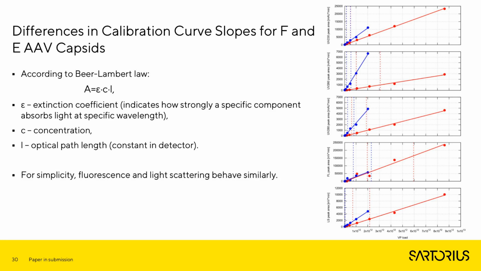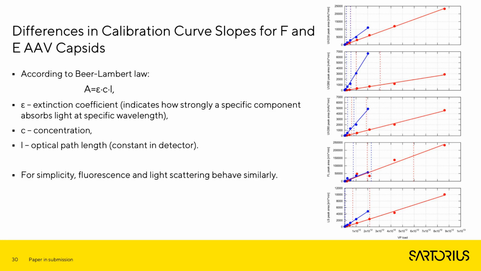So if we go further and go back to some absorption basics, according to the Beer-Lambert law, the absorbance is defined as a product of extinction coefficient, concentration, and optical length.